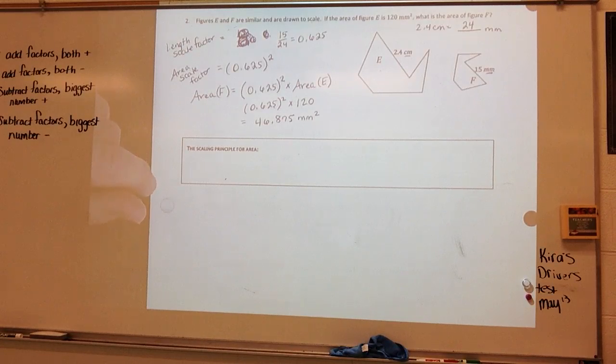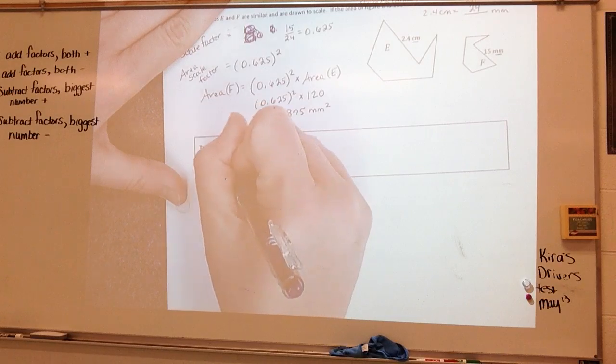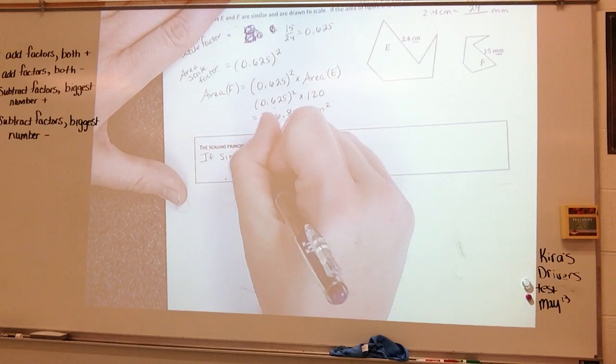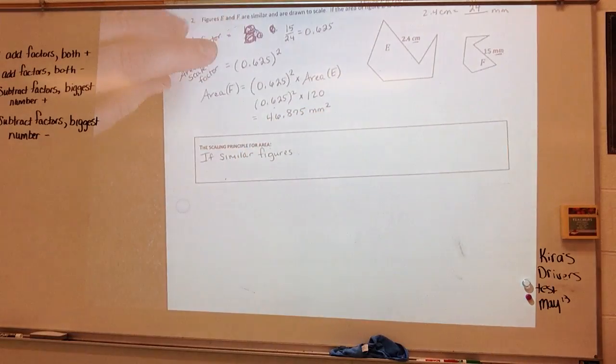Alright, so how can we wrap this all up? If similar figures A and B are related by a scale factor, here we're not looking at triangles or rectangles, we're just saying any figure.